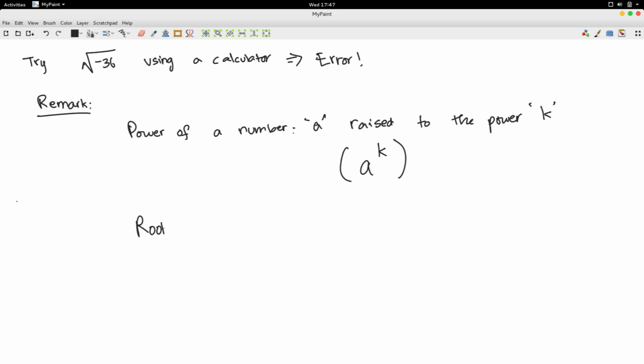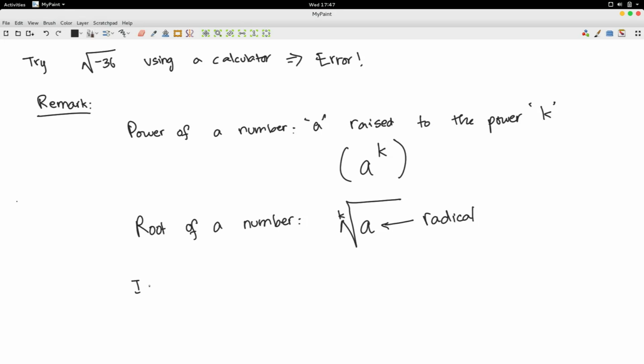The root of a number is the kth root of a. If it is a perfect cube and you're taking the cube root, things would naturally get cancelled. You will just get a. This number inside the root is called the radical.